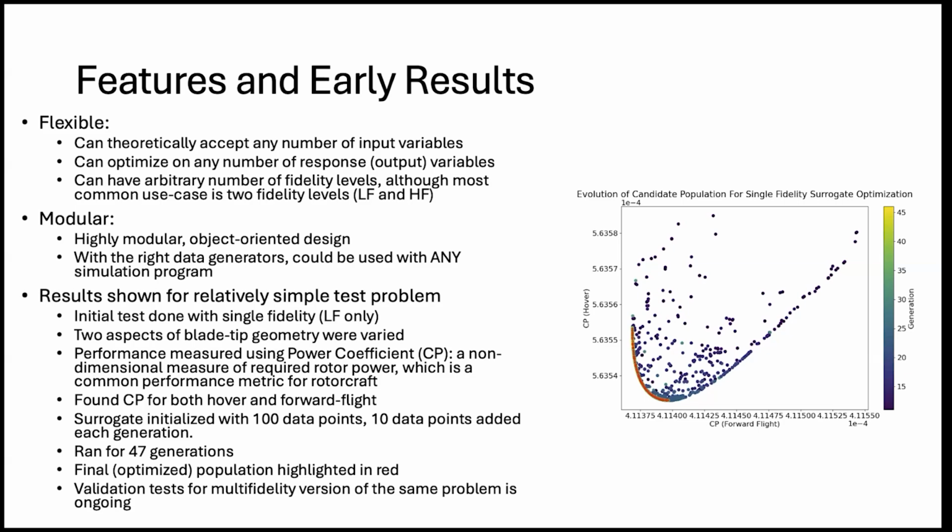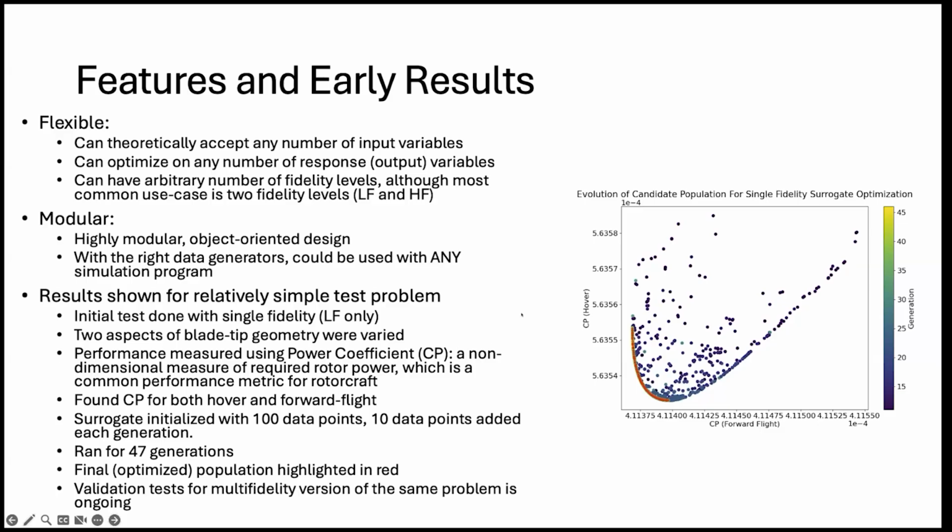And here we have results for a relatively simple test problem. This is just an initial test with only a single fidelity level. We changed two aspects of the tip of a rotor blade, and we measured the performance of these tip geometries by looking at the so-called power coefficient. That's a non-dimensional measure of required rotor power.